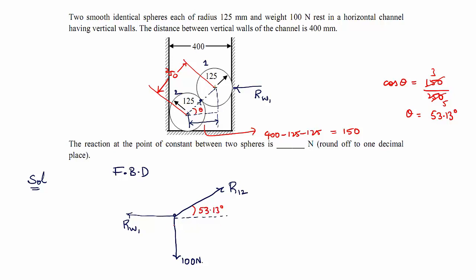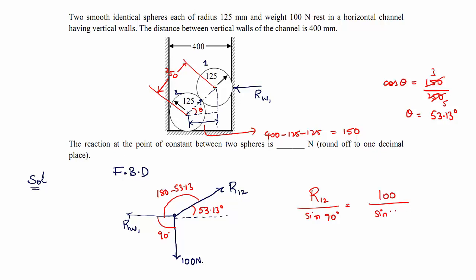Now we can apply Lami's theorem here. This angle will be equal to 180 minus 53.13, and the other will be equal to 90 degrees. So I can write R12 divided by sine 90 equals 100 divided by sine of 180 minus 53.13, and sine of 180 minus theta is sine theta only.